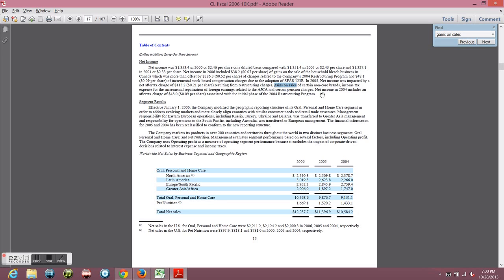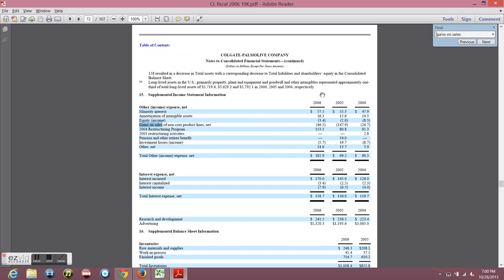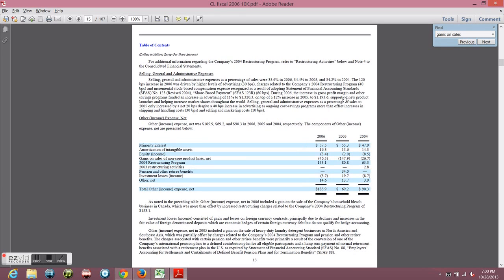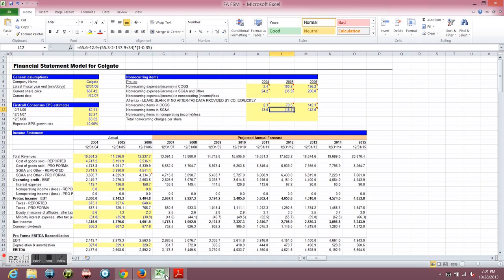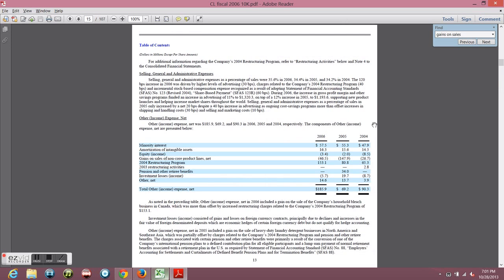Gains on sales. Let me take a look at something. This is just from reading the 10K, you're going to find this information.